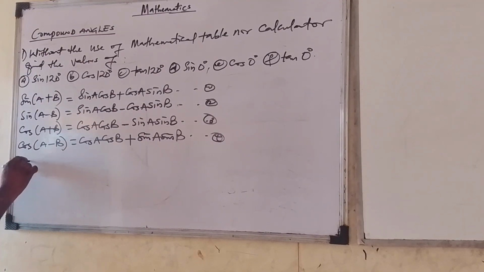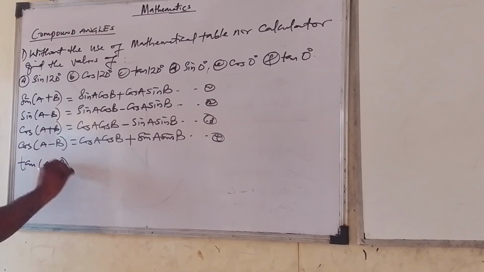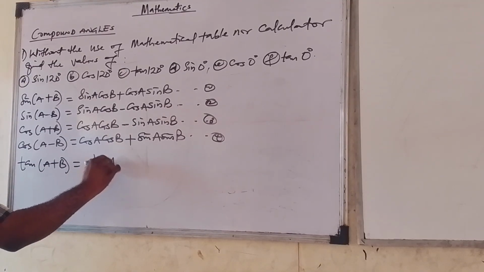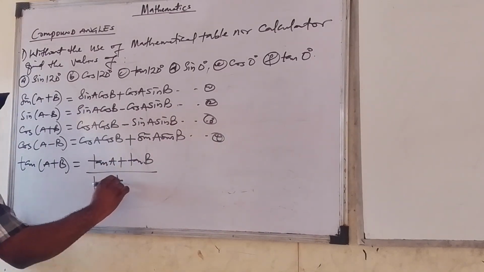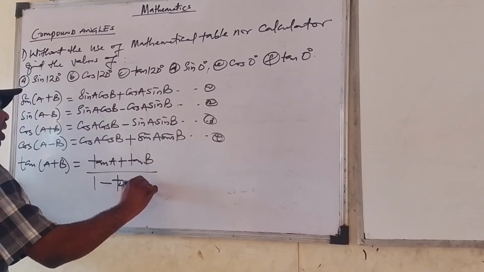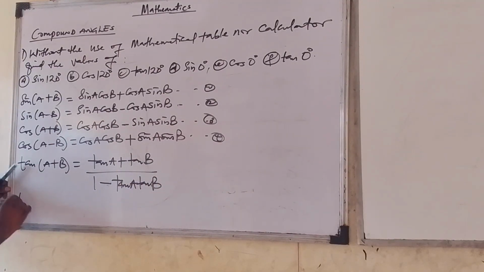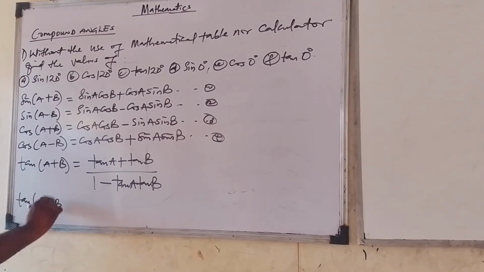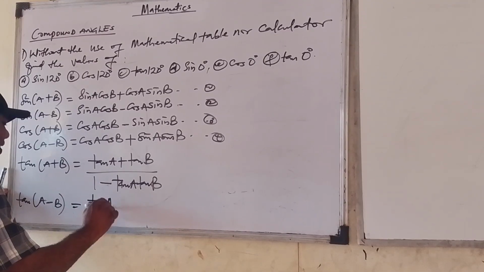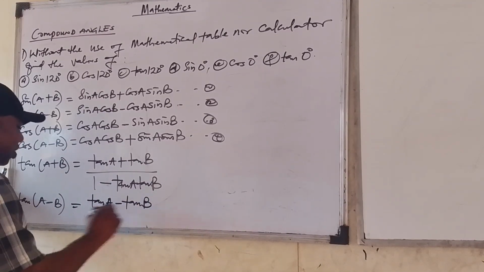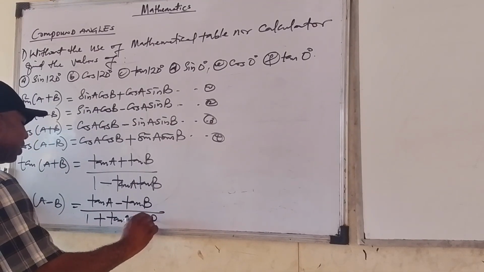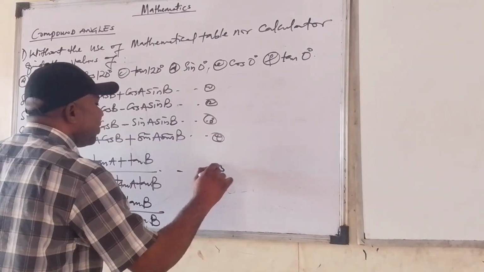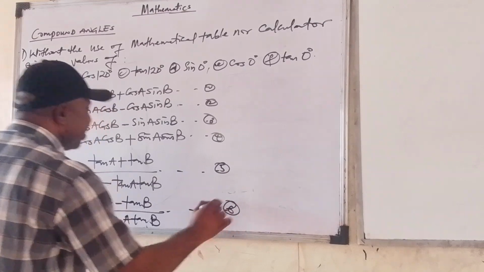Now let's look at tan A plus B. Tan A plus B is tan A plus tan B all over 1 minus tan A tan B. Then now let's look at tan A minus B. That will give us tan A minus tan B all over 1 plus tan A tan B. Now this is number 5 and here we have number 6.